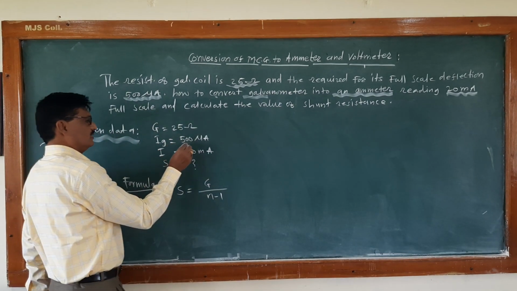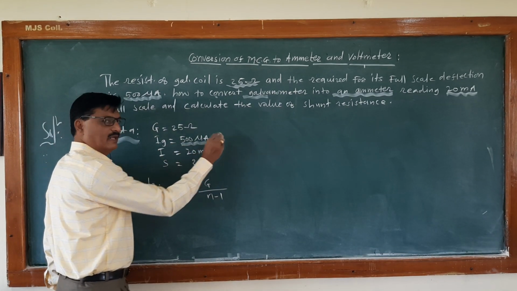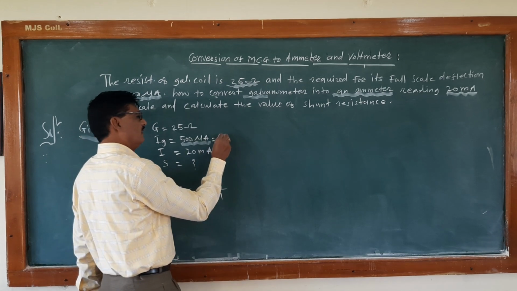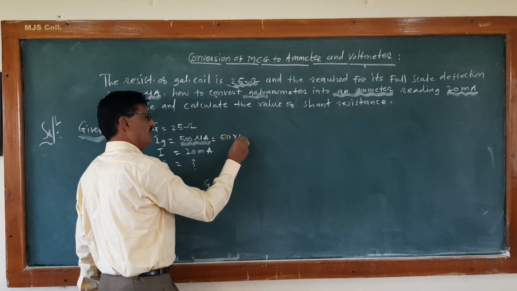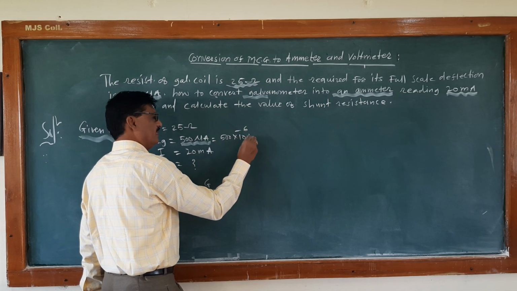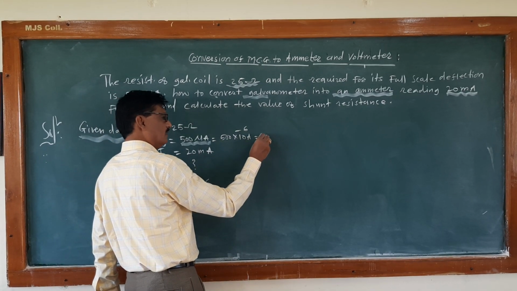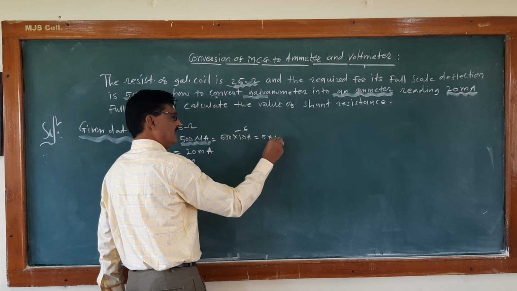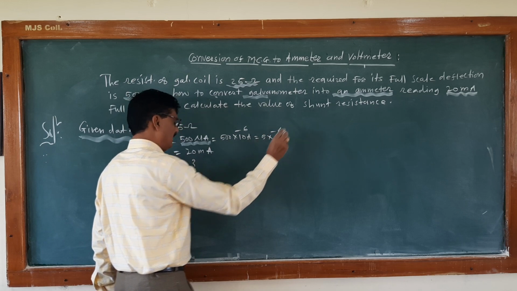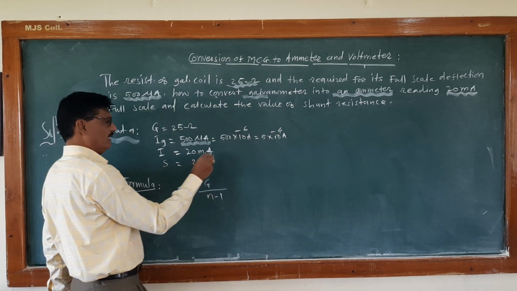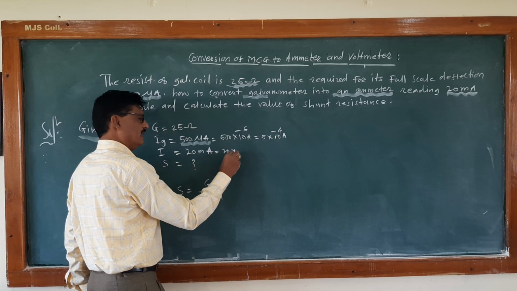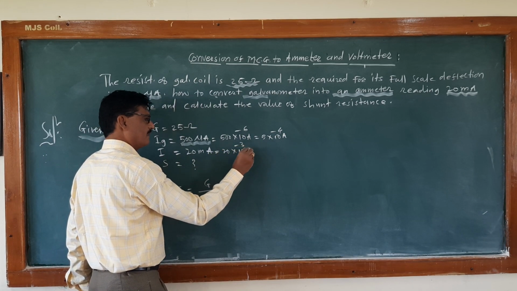First of all, convert 500 microampere. This means 500 multiplied by 10 raised to minus 6 ampere. If you convert this power factor, that is 5 multiplied by 10 raised to minus 4 ampere. Then milliampere to ampere, 20 multiplied by 10 raised to minus 3 ampere.